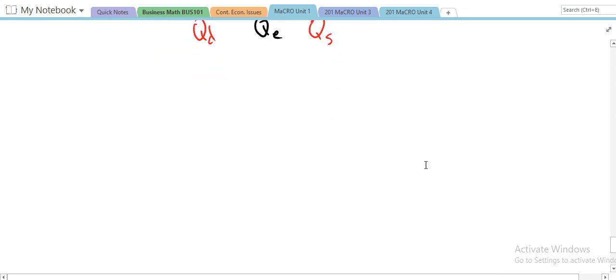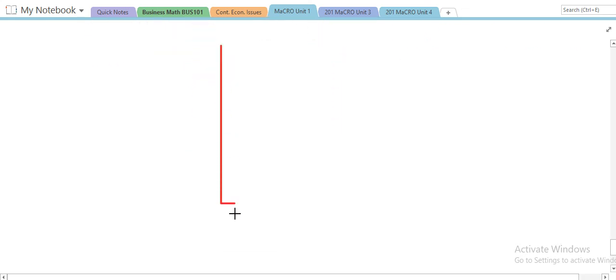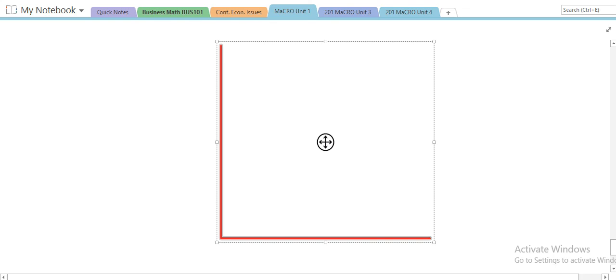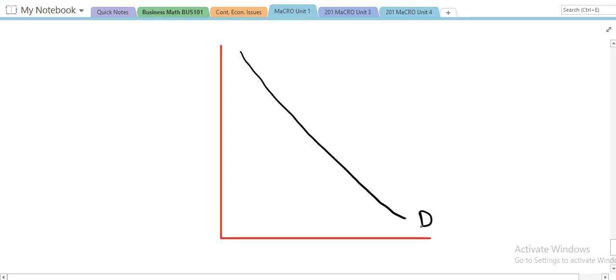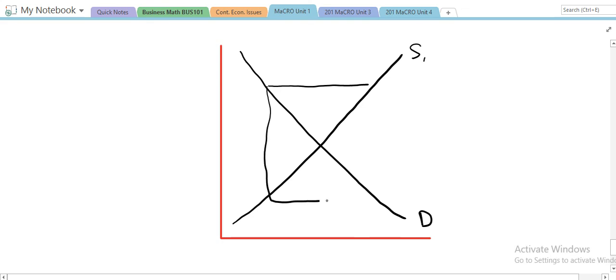So how are you going to remember this? Here's an easy way, and I get confused sometimes even when I do these, because I'll put a price floor in where I should put a price ceiling. So picture an upside down house.